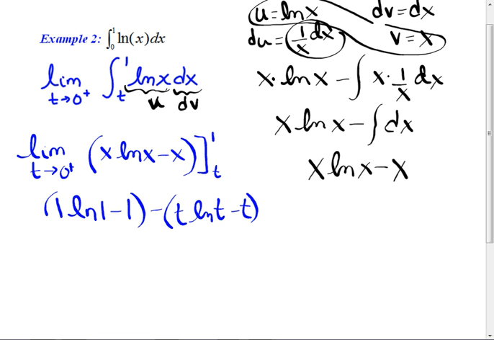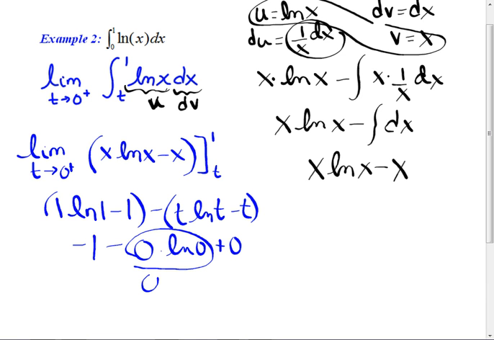Well, what's the log of 1? Okay, so this is negative 1 minus, I get 0 times the log of 0, plus 0, if I substitute it in.